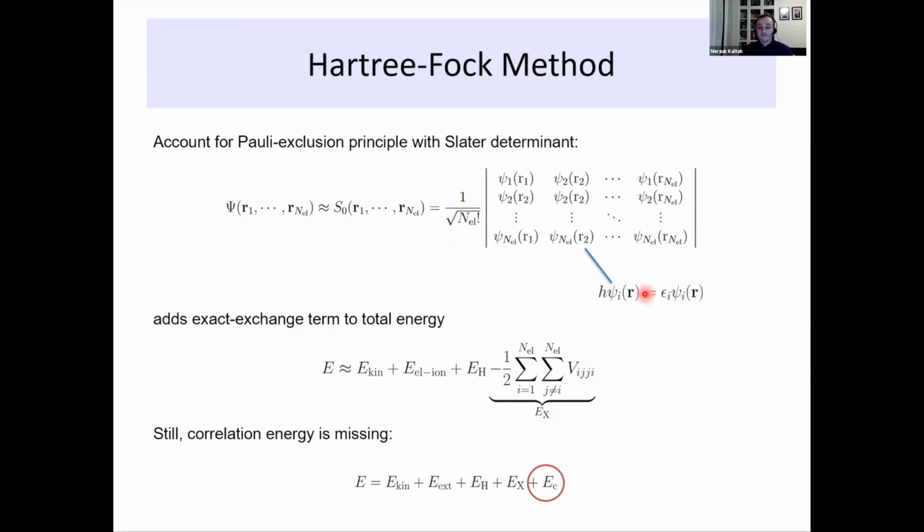However, now if two electrons are at the same space, the corresponding wave function is zero. The Slater determinant yields one additional term to the total energy, and that is the exact exchange term, or the so-called Fock term. Nevertheless, there is still something missing, namely the term that comes from correlation effects.